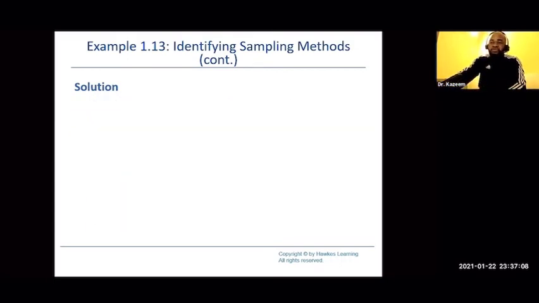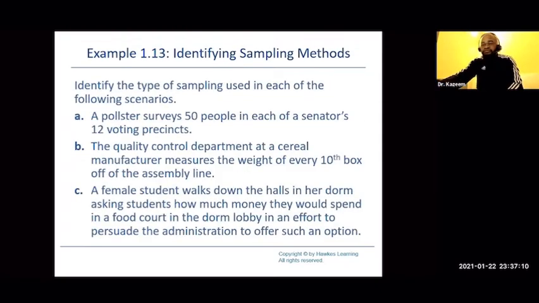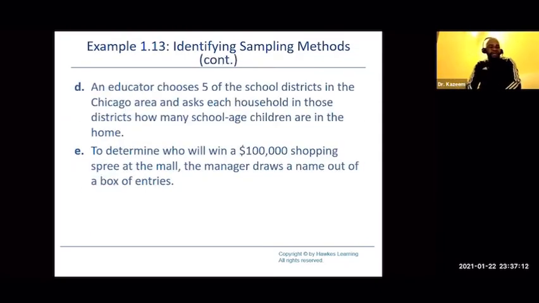Then I'm going to go to question D right now. An educator chooses 5 of the school districts in the Chicago area and asks each household in those districts how many school-age children are in the home. Take a look at that. An educator chooses 5 of the school districts. This is looking like a cluster, because we assume that all school districts have the same structure in terms of students.